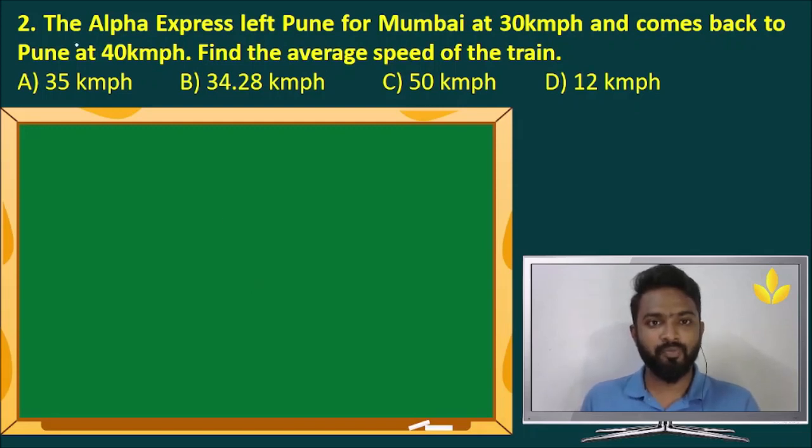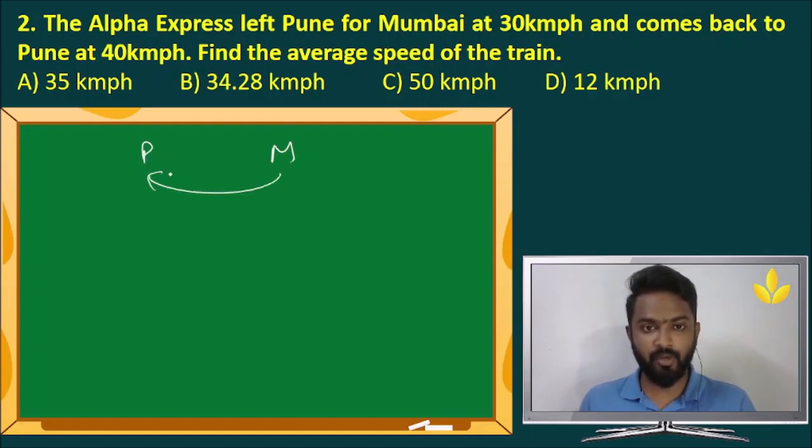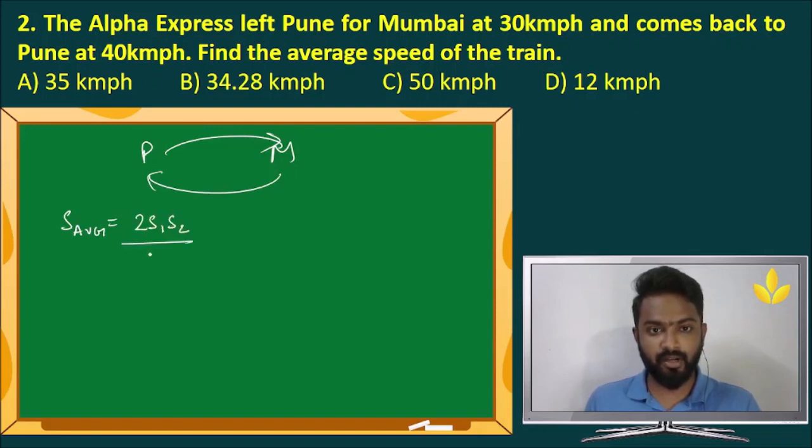Question number 2. The Alpha Express left Pune for Mumbai at 30 km per hour and comes back to Pune at 40 km per hour. You see what happened over there? Pune to Mumbai and then back to Pune. So the distance traveled is same. When the distance traveled is same, the average speed can be written as 2 S1 S2 divided by S1 plus S2.